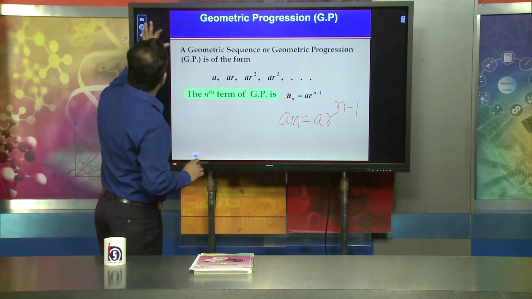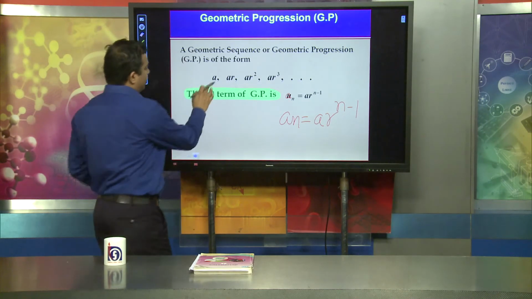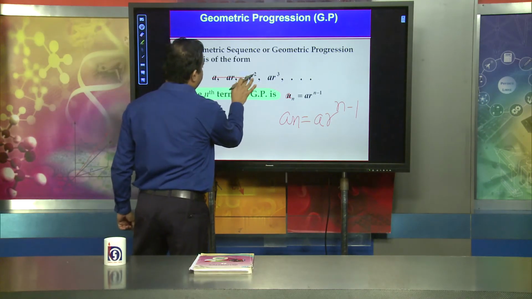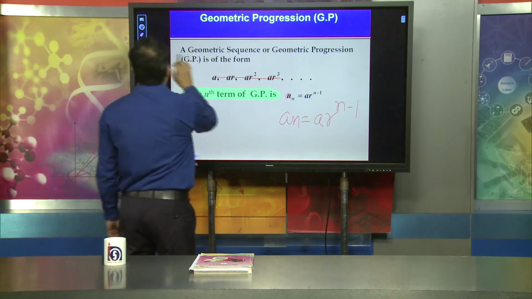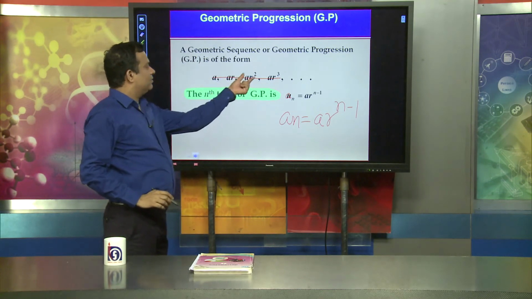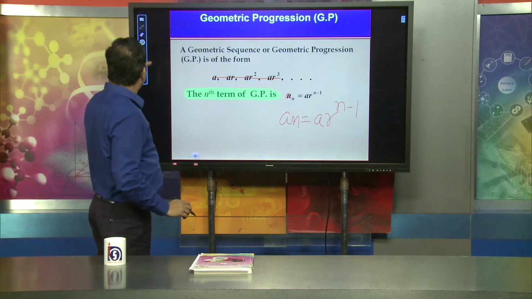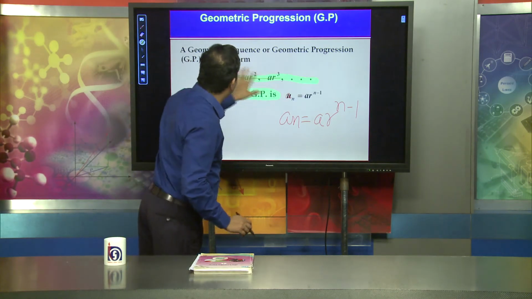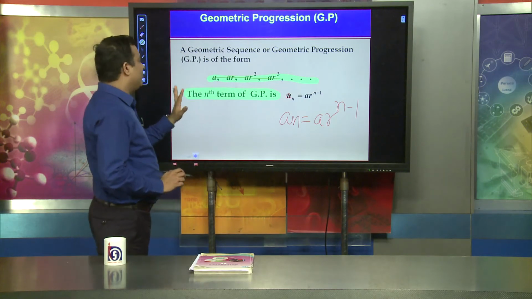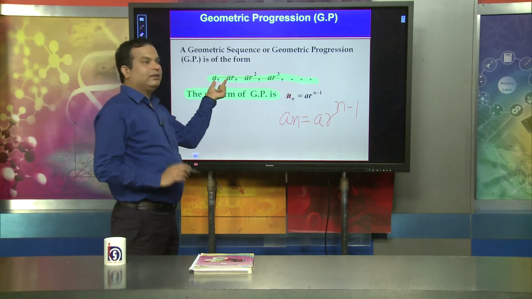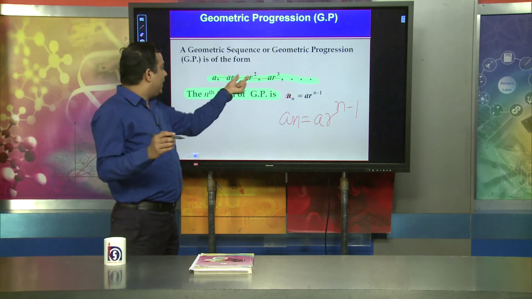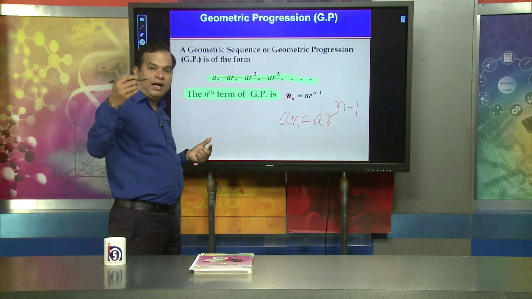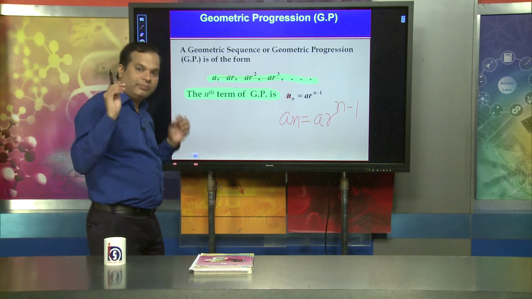When talking about geometric progression, remember, suppose a, a r, a r square, a r cube. This is a geometric series. Why is it a geometric series? Because a r by a is r, and a r square by a r, the common ratio is again r, a fixed quantity.